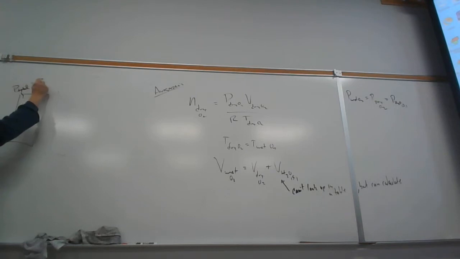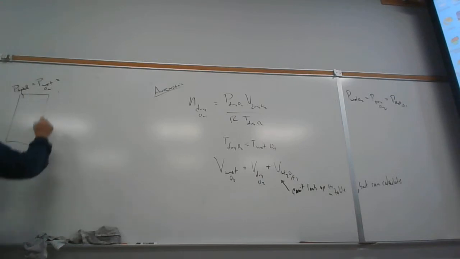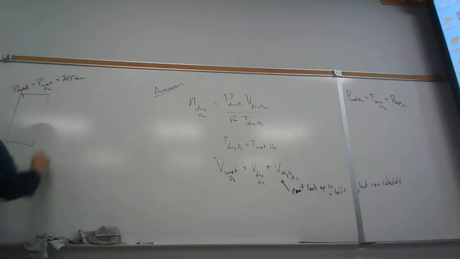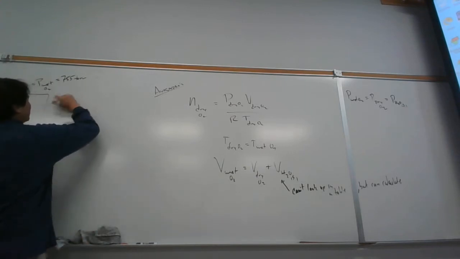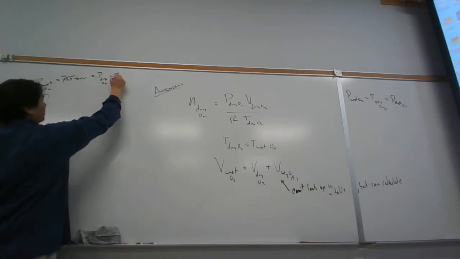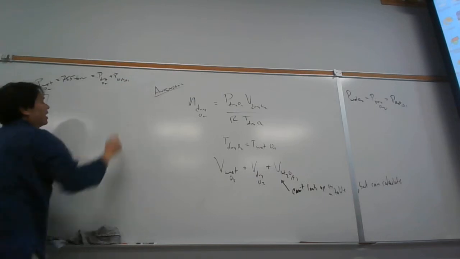P total is the pressure of the wet oxygen, and that's 755 torr. The pressure of the wet oxygen is equal to the pressure of the dry oxygen plus the pressure of the water vapor, gas.